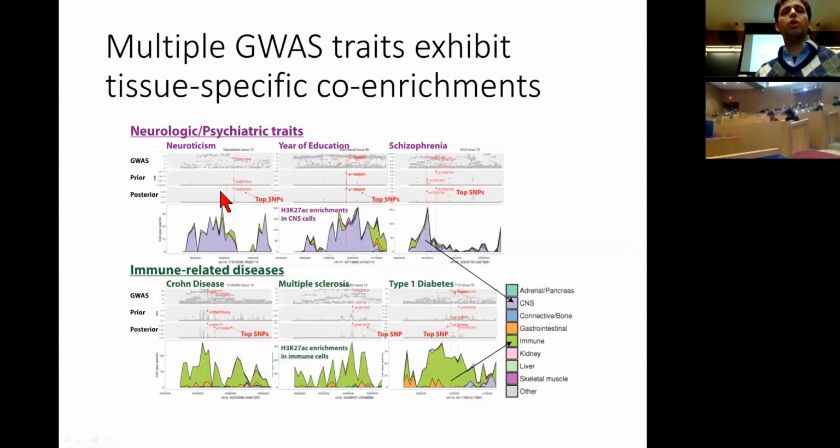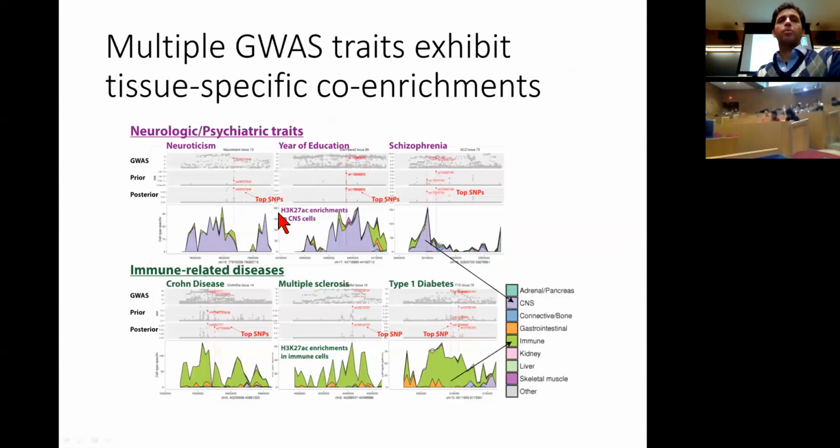So here's one example where in the same locus, you have multiple traits being studied jointly, to prioritize across the genome these annotations that are the most strongly associated with these multiple traits, and the SNPs that are then prioritized within these enriched annotations.